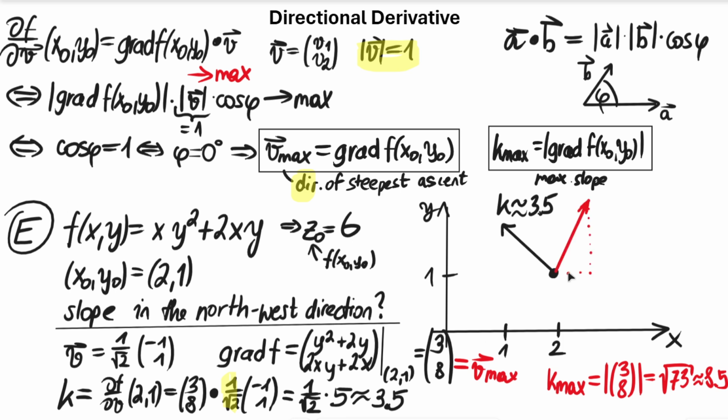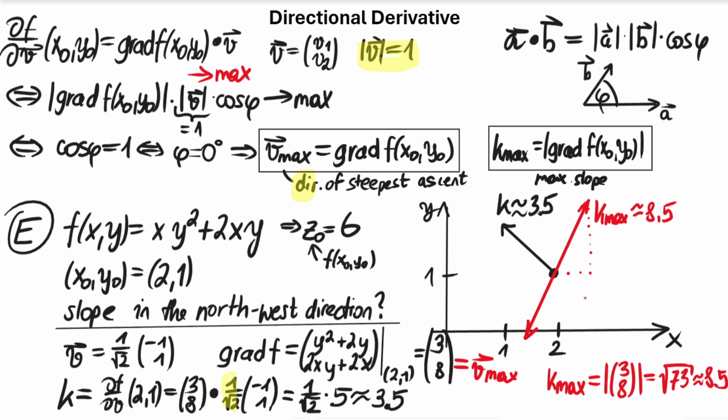So the gradient vector means 3 units to the right and 8 upwards. So it looks approximately like this. And our Kmax is much higher than these 3.5. It's approximately 8.5. So if you go 1 meter in this direction, your elevation raises by 8.5 meters.